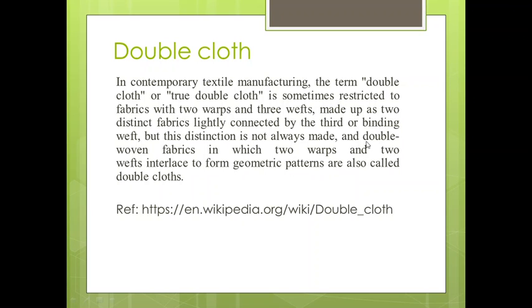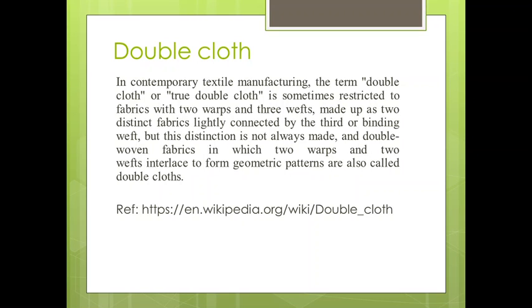Now here, double woven fabric in which 2 warp and 2 weft interlace to form geometric pattern are called double cloth. So what you need to understand again is that there are 5 sets of threads, 2 warp, 2 weft.